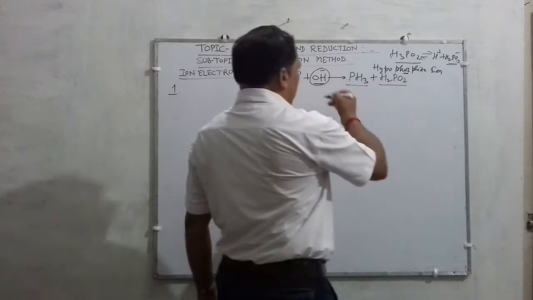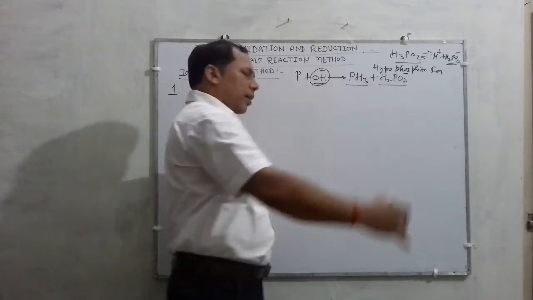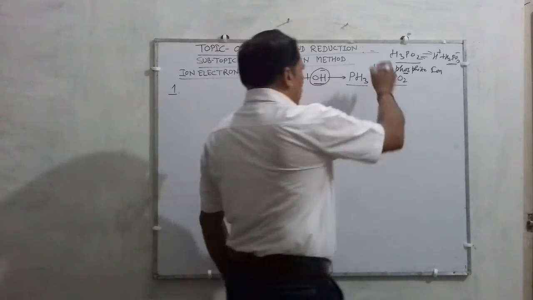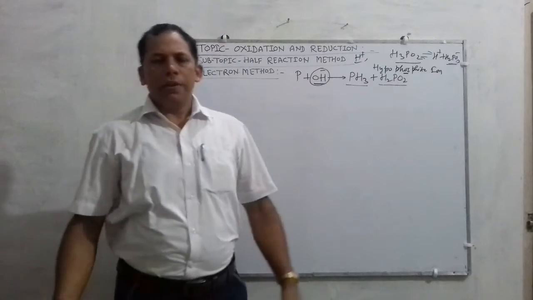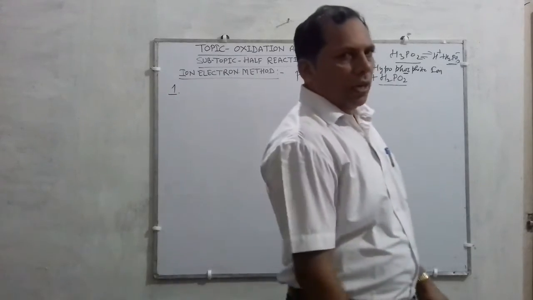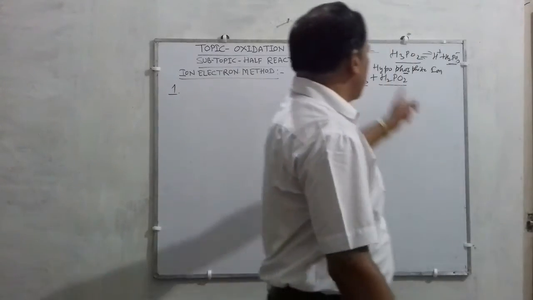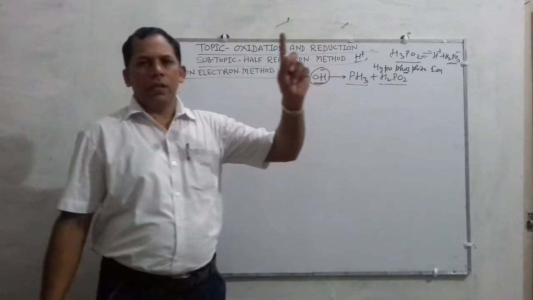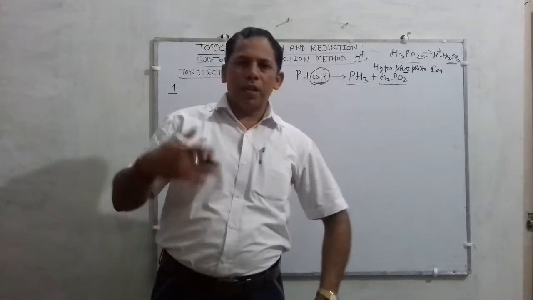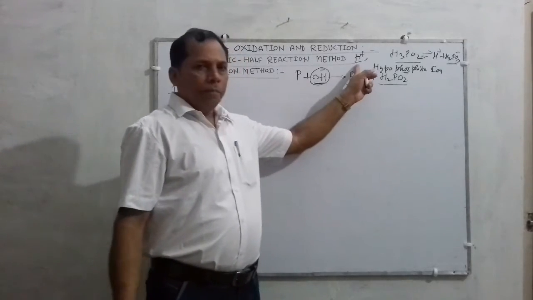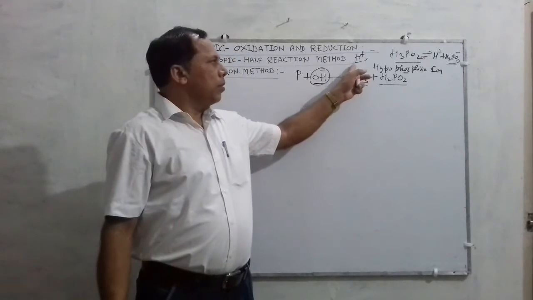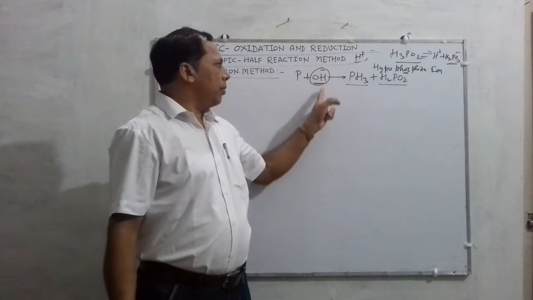And if anywhere in the reaction, either in reactant or product, an H plus ion or any acid such as H2SO4, HNO3 or HCl is present, then the reaction is said to proceed in an acidic medium. Neutral medium aside, you have to count acidic medium and basic medium.